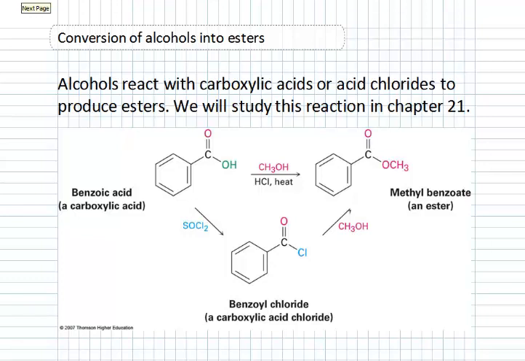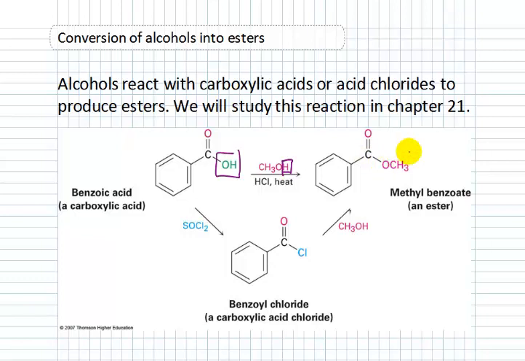Let's wait until we do our chapter on carboxylic acids and esters. But suffice it to say, if I have a carboxylic acid, I react it with an alcohol, I can do a condensation reaction. So the H is removed from the alcohol, the OH removed from the carboxylic acid, and we condense them together to make an ester.